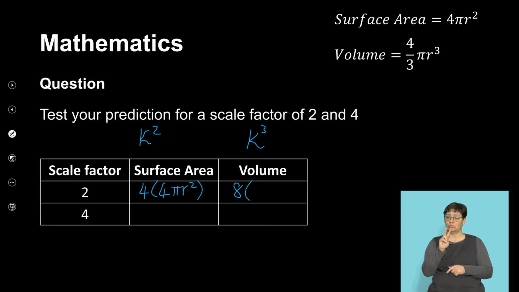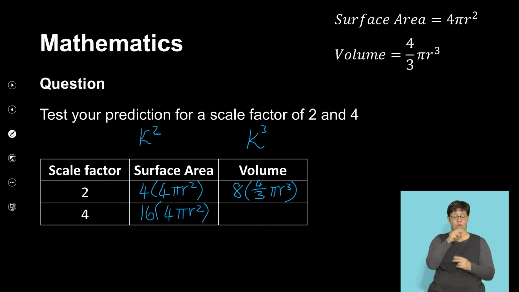So we're going to see if my new volume is equal to 8 times my old volume. Similarly, I'm going to see if my scale factor squared, so 4 squared is 16, multiplied by my old surface area is equal to my new surface area.